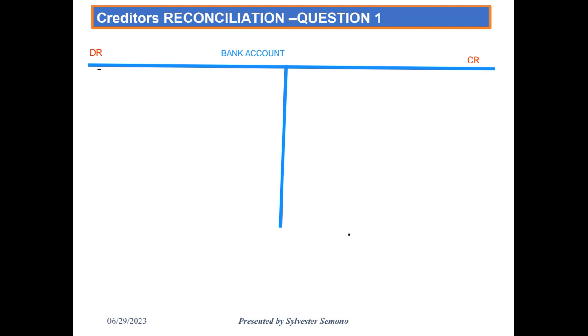Are you good? Yes, I am. What is the first thing that you record? The balance brought down on the 1st of April, which is 4,840 on the debit side.